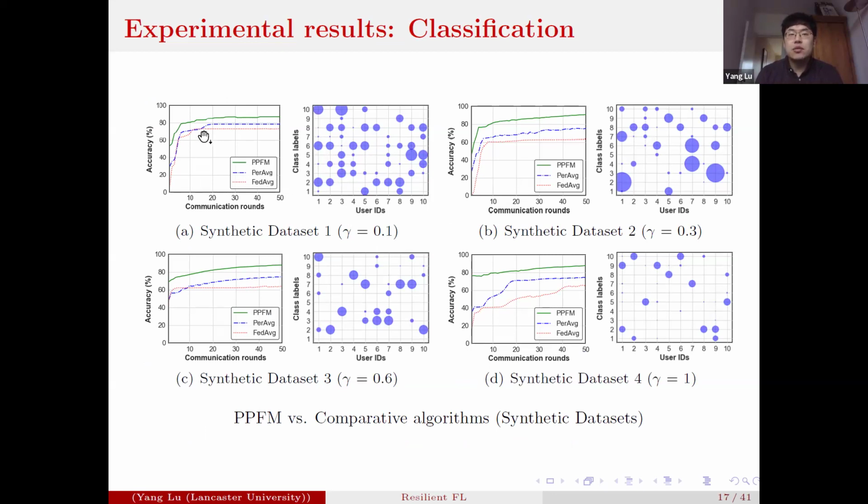The PPFM, the green one, is our algorithm. The blue one is the per average algorithm, and the red one is the fed average algorithm. These are 2 baselines here. And we can see that for different cases of heterogeneity levels, our algorithm can achieve better performance in terms of accuracy.